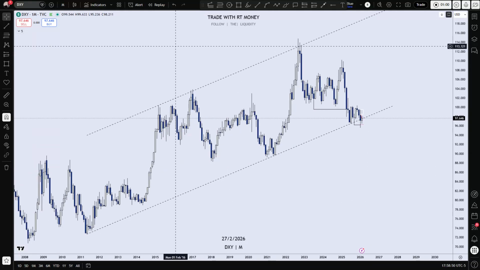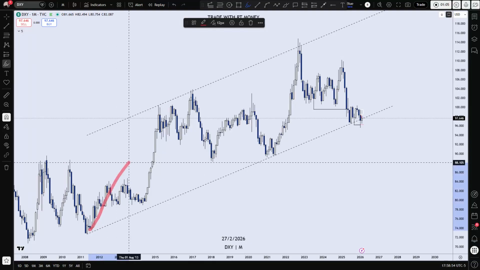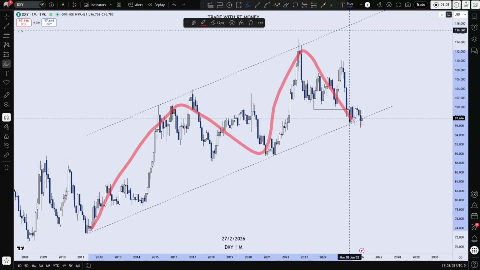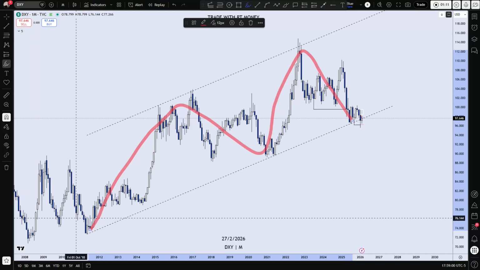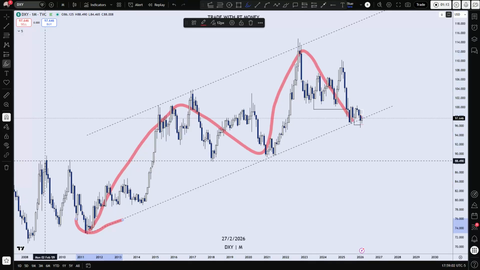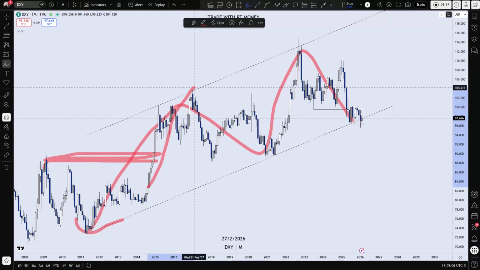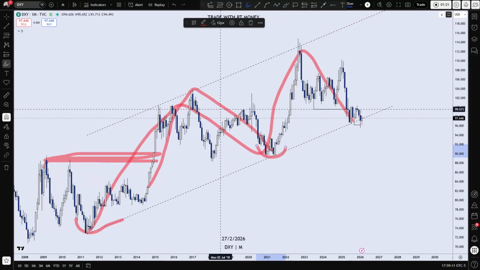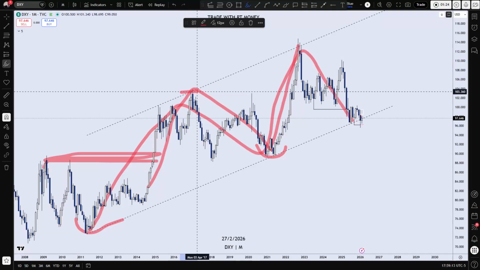Now, look on the monthly, you can see it's been bullish. I've been pointing this out for several months now. We're in an ascending channel, and the higher low breaks structure to the upside, and then the pullback makes another higher low to make another higher high, breaking structure.